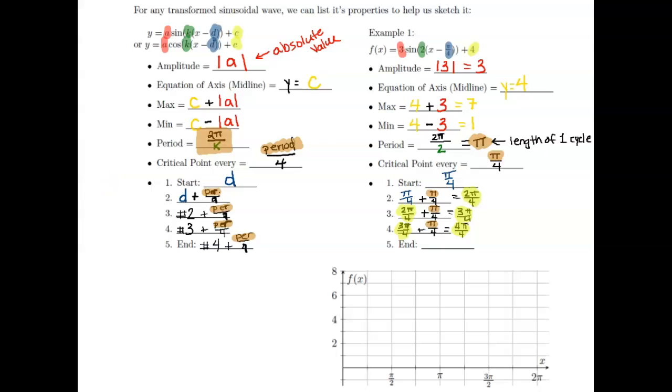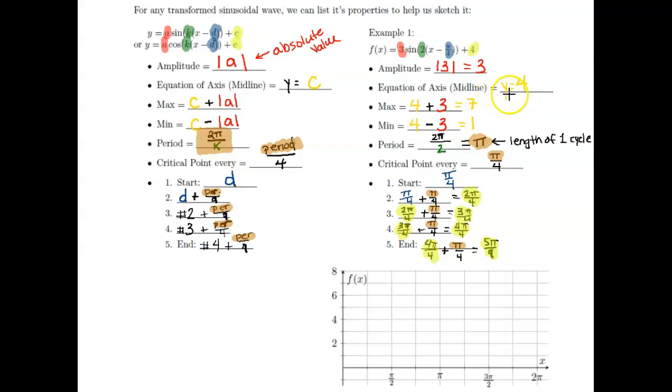And for my fifth and final critical point, I take this 4 pi over 4 and I add one last pi over 4, giving me 5 pi over 4. All right, so that is that pi over 4. That goes there, and that goes there. So now we have everything we need to plot. Okay, so let's see what it looks like.